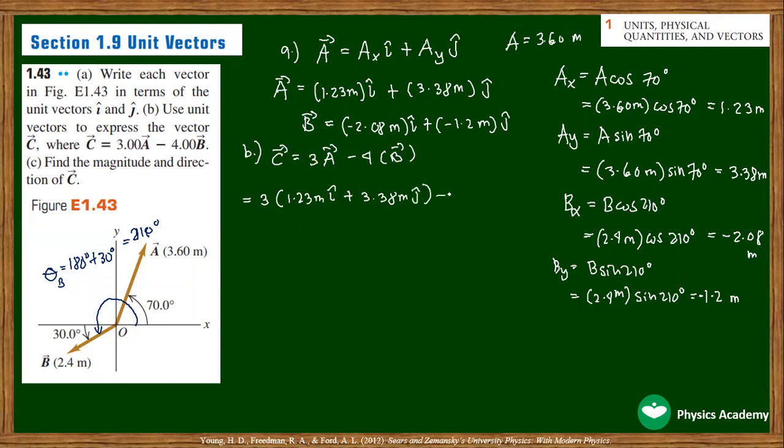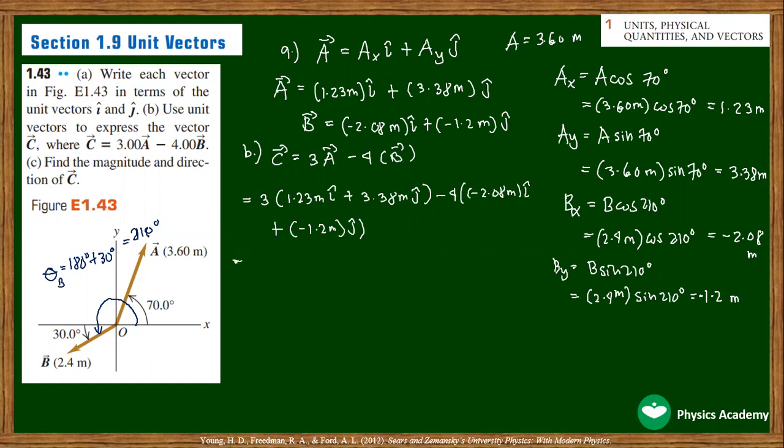Then minus 4 times vector B, where vector B is negative 2.08 meters i hat plus negative 1.2 meters j hat.